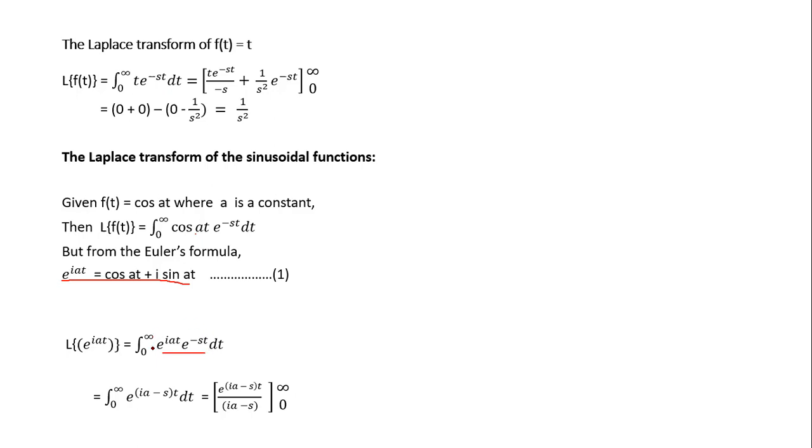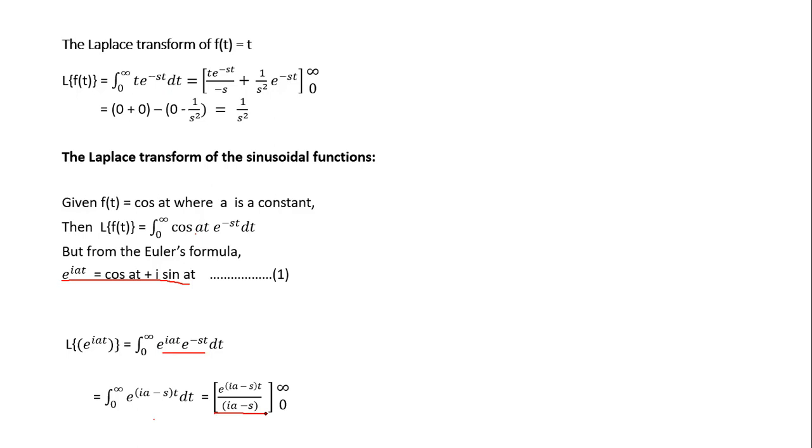By applying the index law here, we are going to transform it into exponential of the bracket (ia minus s) multiplied by t, and then we integrate. You know how to integrate the exponential function, so I won't waste my time. So we are now going to get exponential (ia minus s)t all over ia minus s, as we have it here.